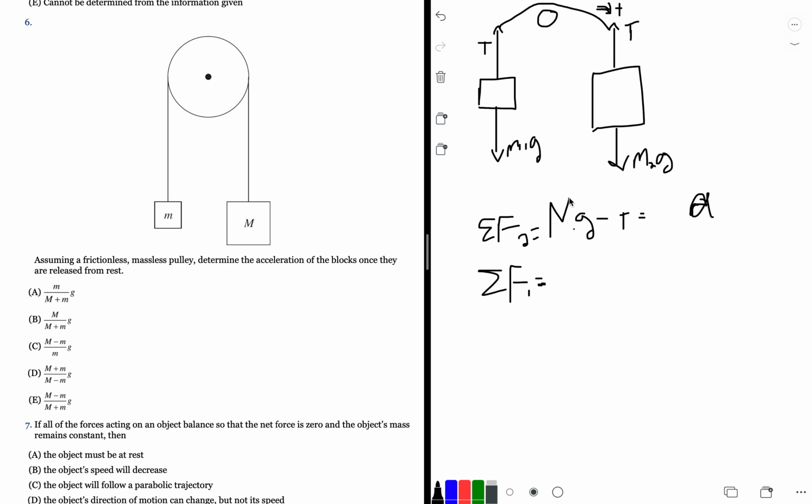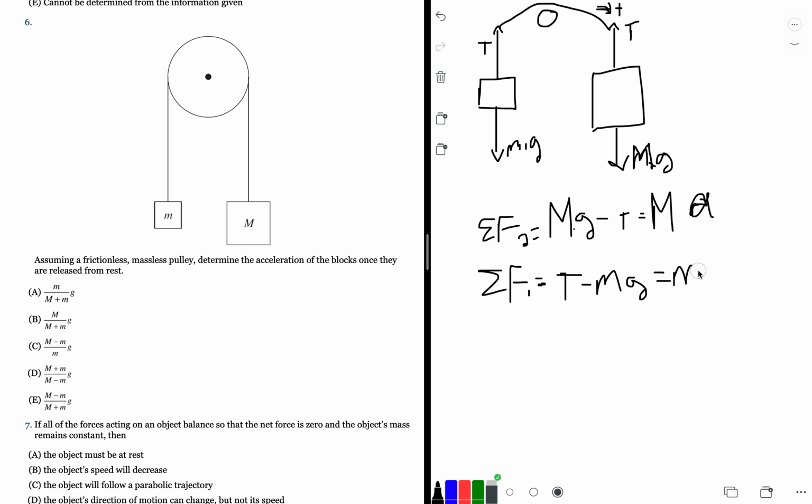So Mg, this is a capital M. And for the small block, you have the tension because that's positive, so it'd be T minus mg equals ma. And they have the same acceleration because it's a single pulley.